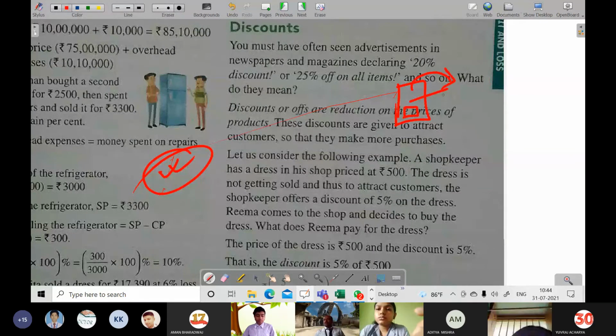Now he has kept it and tried to sell it. And now only 2 or 3 months are left before the best before date. So he knows that anyone will not be buying. So there he makes the price less and tries to sell it, to clear it.